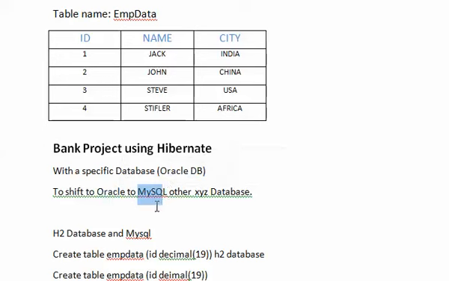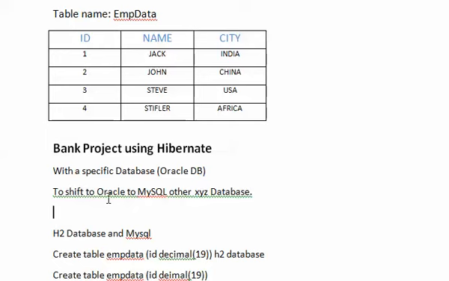That's very simple in Hibernate, because Hibernate has its own language called HQL. HQL is a database independent query writing language which supports all the databases present in the current industry. And HQL language is very easy to learn. It's not that hard.